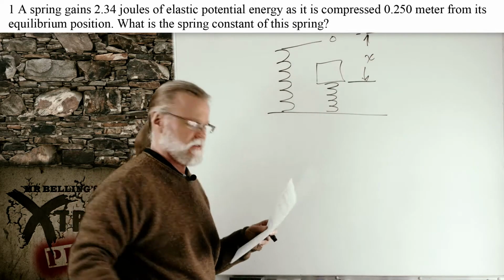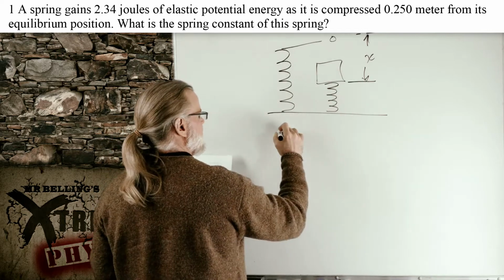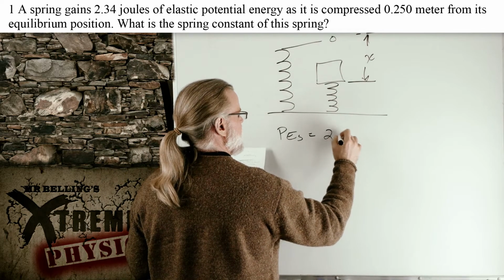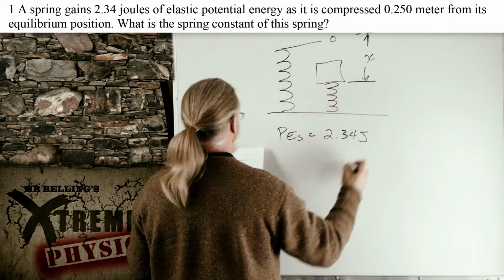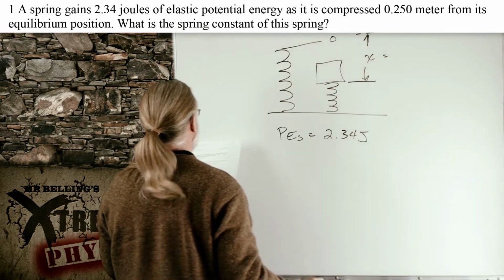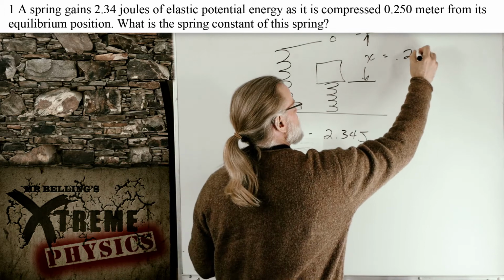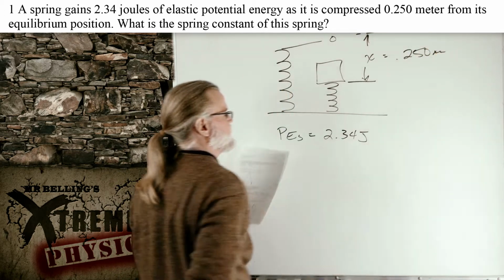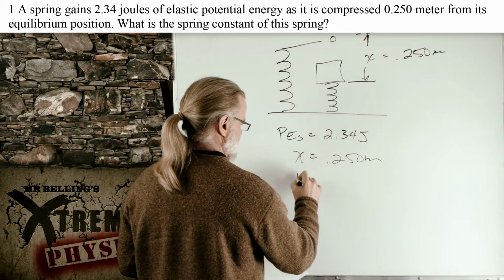We call that x. When you compress that, it gained a potential energy of 2.34 joules. This x value is 0.250 meters. What is the spring constant, K?